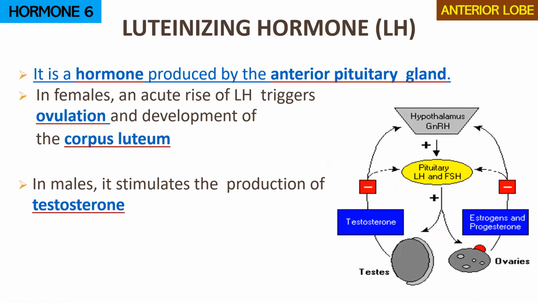And in males, it helps in stimulating the production of testosterone. So these are all heavily feedback loop oriented. There is the hypothalamus, which can tell the pituitary, no, don't do it, or it can help the pituitary make more and more hormones. So you can see here there's the testosterone, and this can result in estrogen and progesterone.